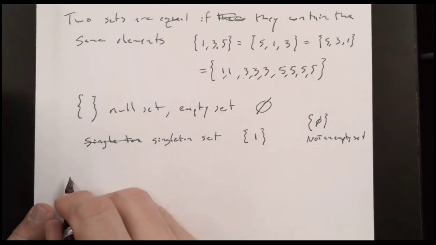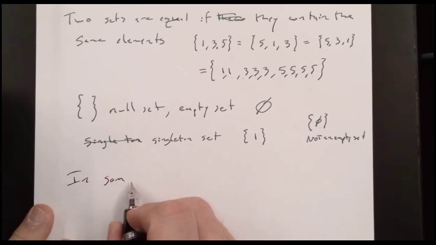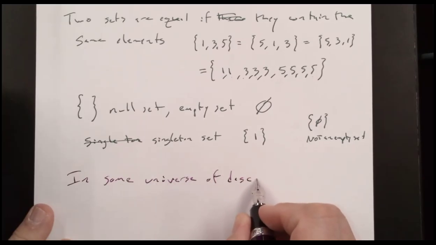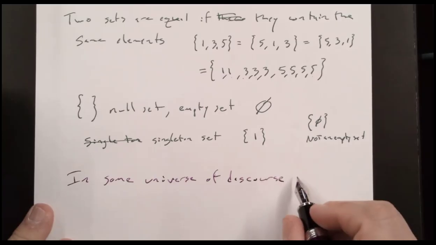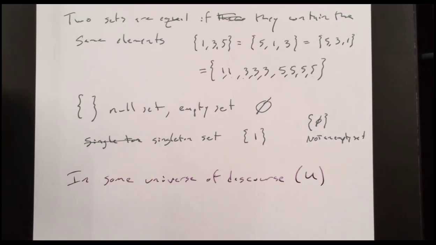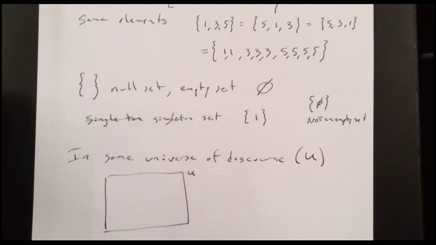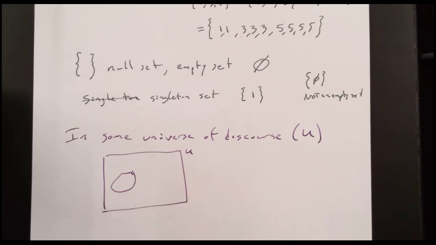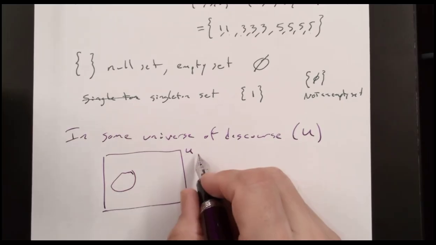Okay, so if I have some universe of discourse, usually we'll write U for a universal set. Hey, this is the set of all the things I'm talking about. Then I'll write a big box for my set U, and I will represent a given set in this universe as a shape. I do a circle.